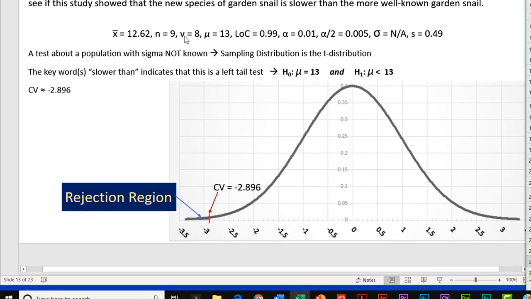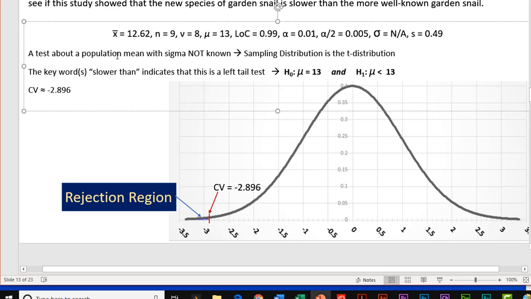We have x bar, n, nu, mu, level of confidence, alpha, alpha over 2, and sigma, well, it's not needed if we have S. This is going to be a test about a population mean with sigma not known, so the sampling distribution is the t-distribution. The keyword "slower than" indicates a left-tail test, which means my null hypothesis is mu equals 13, and my alternate hypothesis is mu is less than 13.